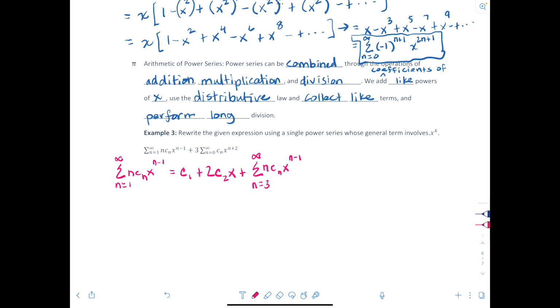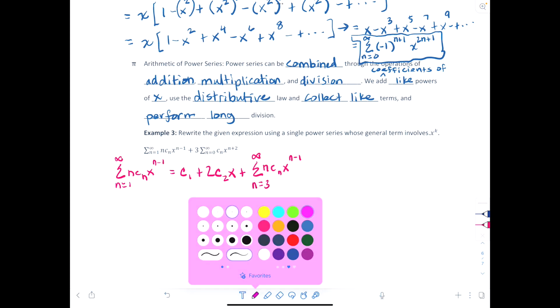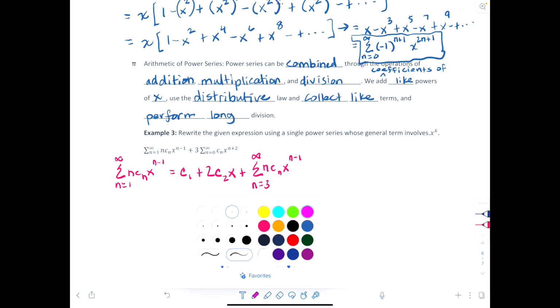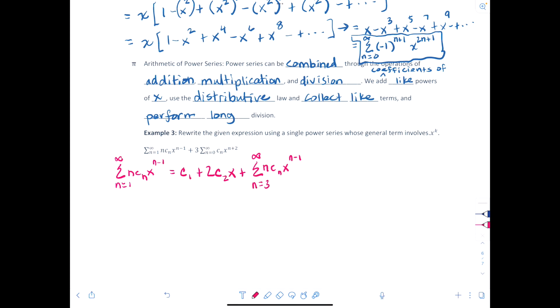So this is where we're going to try out. For this one, the trick is when you think you're there, look at the power on x and then let k equal to that power on x. So see that the power on x is n minus 1. So for this series, we're going to let k equal to n minus 1.